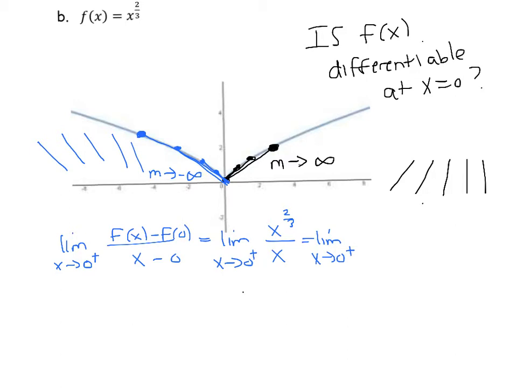Let's just use a property of exponents here. I'm going to call this x to the 2/3 divided by x to the 3/3, and when you subtract exponents, you end up getting x to the -1/3, which is the same as 1 over the cube root of x.